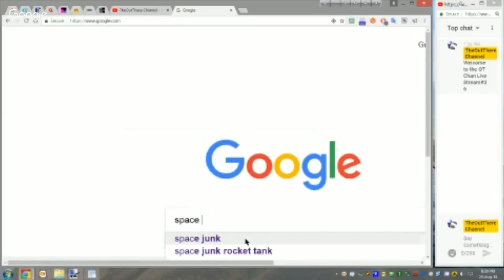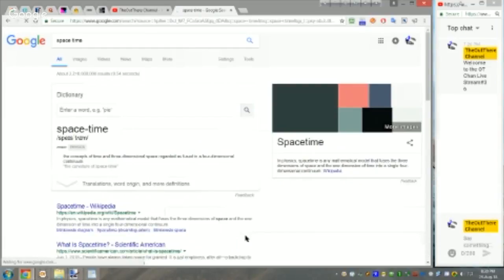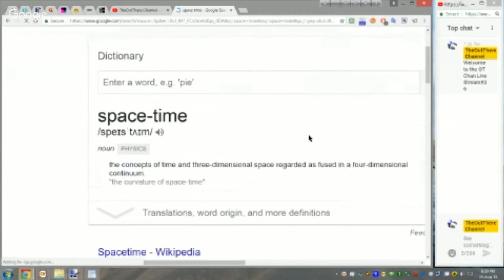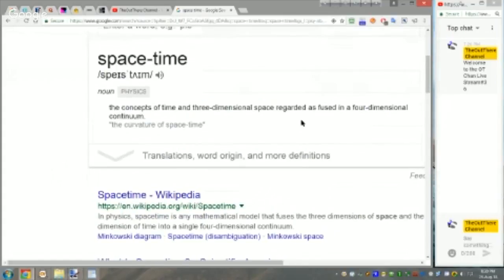Space-time. Space-time, the concepts of time and three-dimensional space regarded as fused into a four-dimensional continuum.